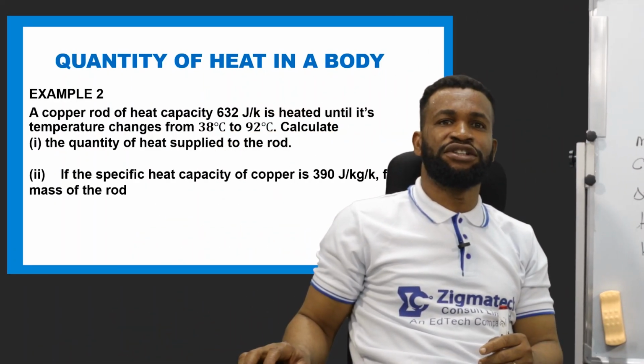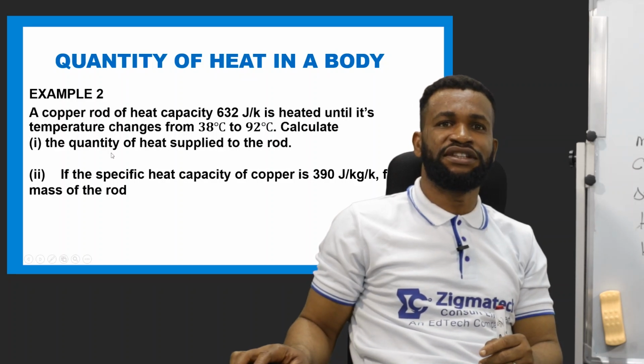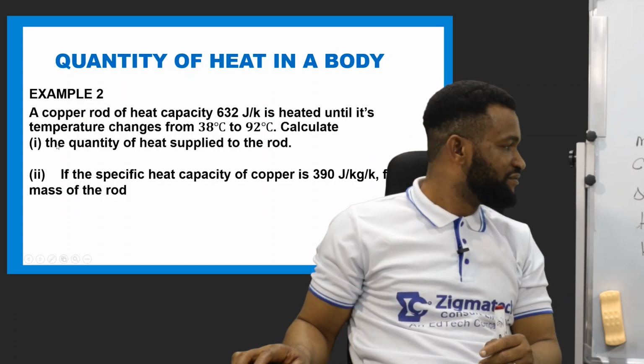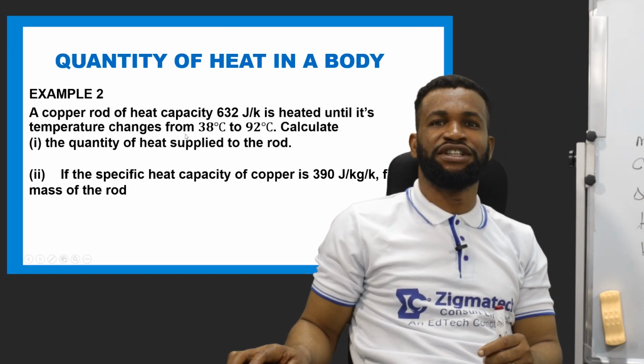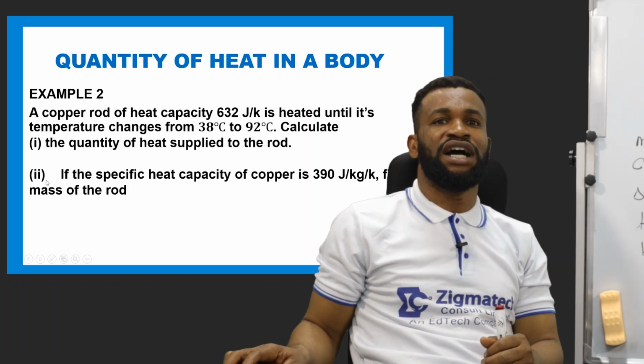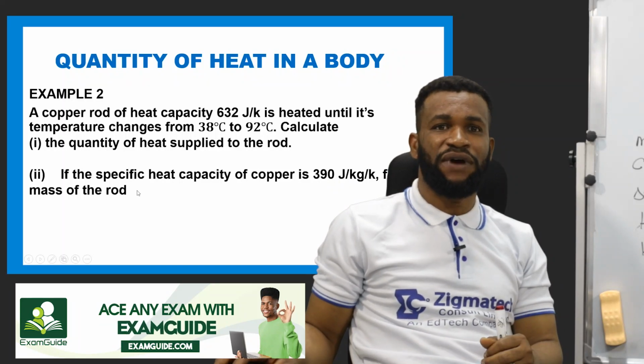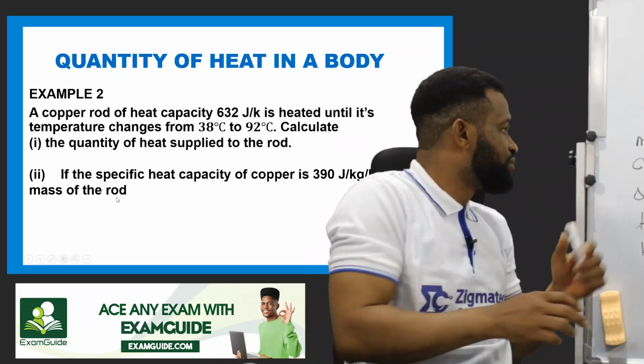Now let's solve this question. A copper rod of heat capacity 632 joules per kelvin is heated until its temperature changes from 38 to 92 degrees Celsius. Calculate the quantity of heat supplied to the rod, and if the specific heat capacity of the copper is 390 joules per kilogram per Kelvin, find the mass of the rod.